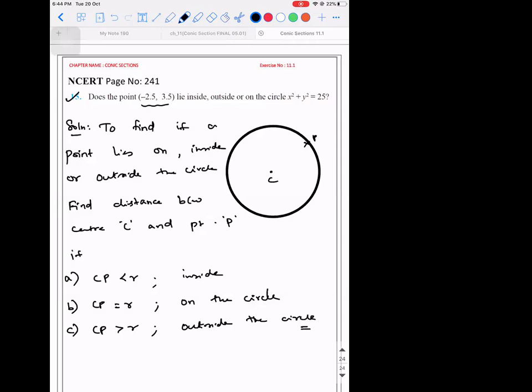So find out and tell me what is the center of the circle. 0, 0. What is the point given? Minus 2.5, 3.5. Find the distance between center and that point. Check if it is equal to, greater than, or less than the radius.